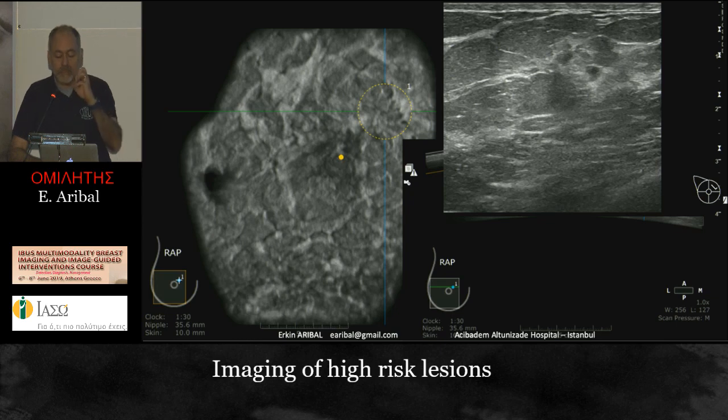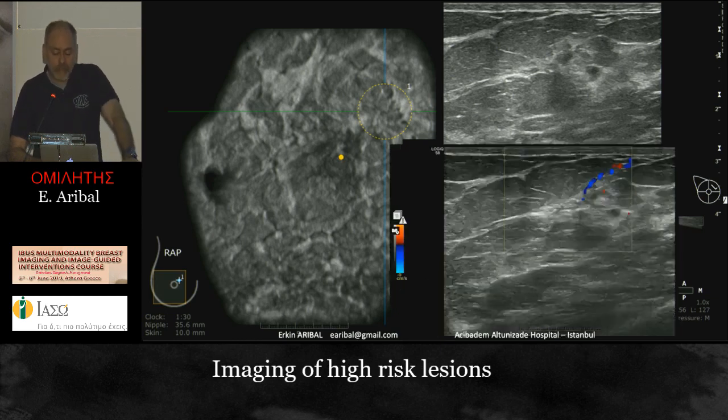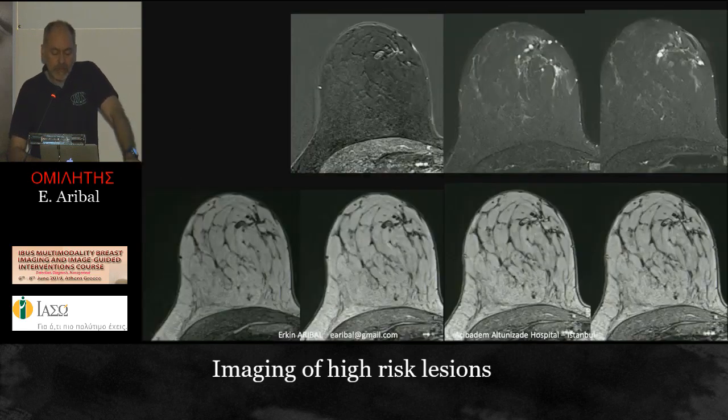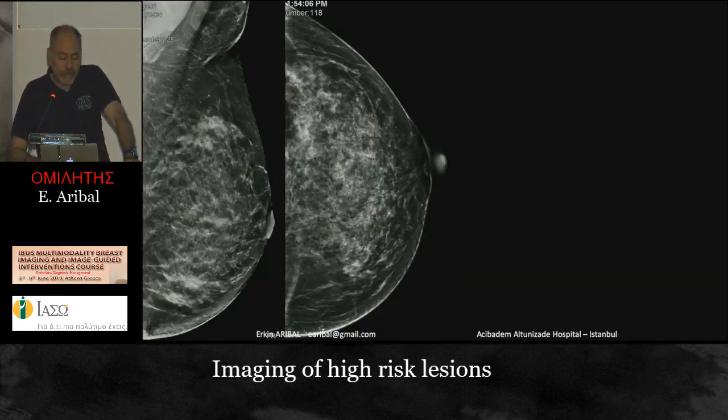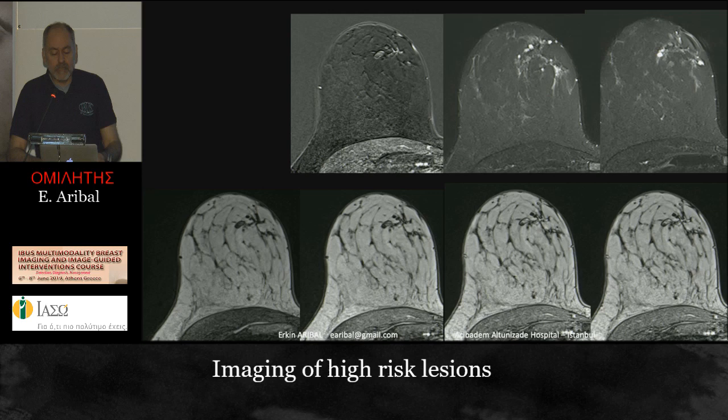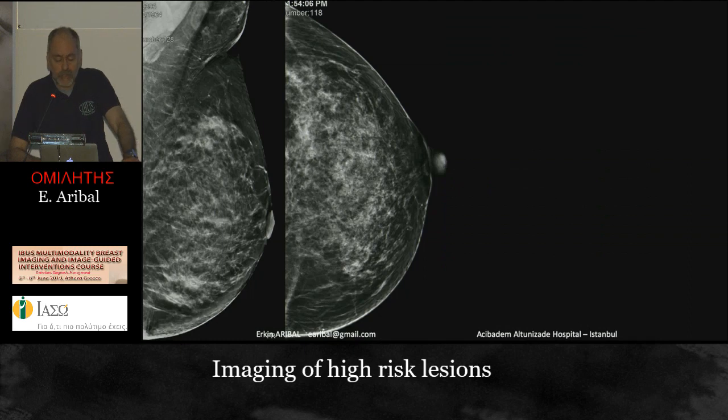You see the distortion to a center, and there is a vessel coming through it. And here are the MRI findings. On MRI, it has a contrast enhancement. So when there is contrast enhancement and radial scar, we prefer to do a vacuum biopsy, and vacuum biopsy is enough if you have a radial scar result without any atypia.